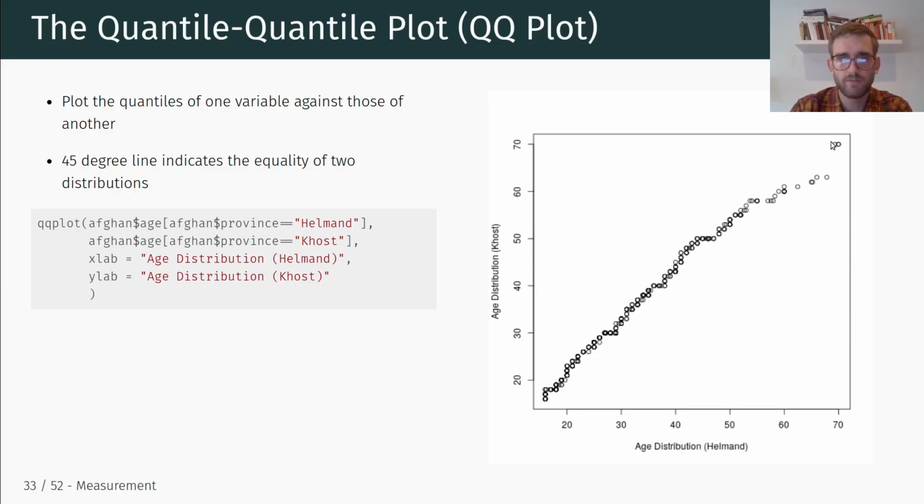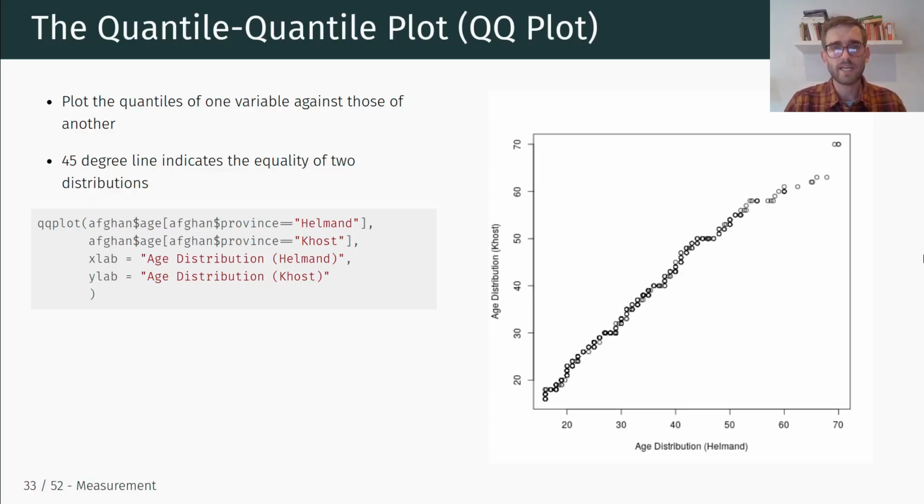This would be even more clear if these two dots were down here as well, then ultimately the age distribution in Coast would have a smaller range as well, for example, okay? So we're going to look at QQ plots in the next assignment in order to evaluate distributions. The key thing to keep in mind is that this is useful to compare distributions across different data sets, right?